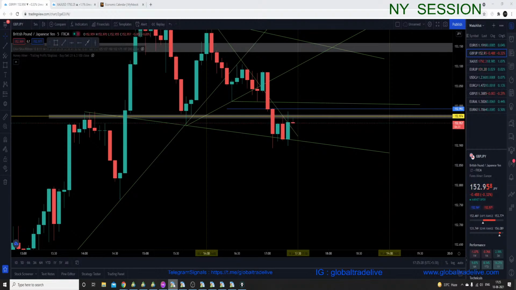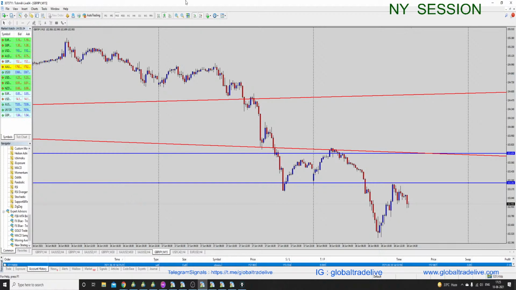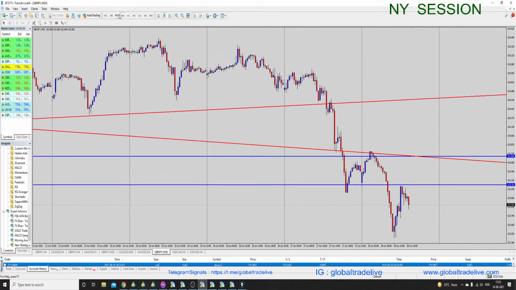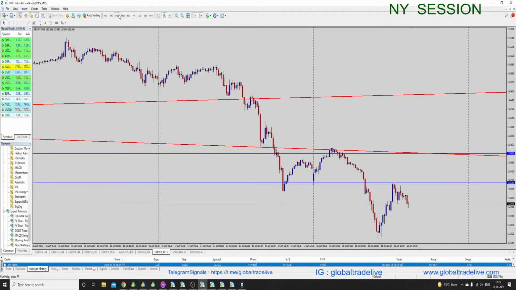In 5 minutes the 1 hour candle will be closing, the 30 minutes will be closing, and the 15 minutes will be closing.